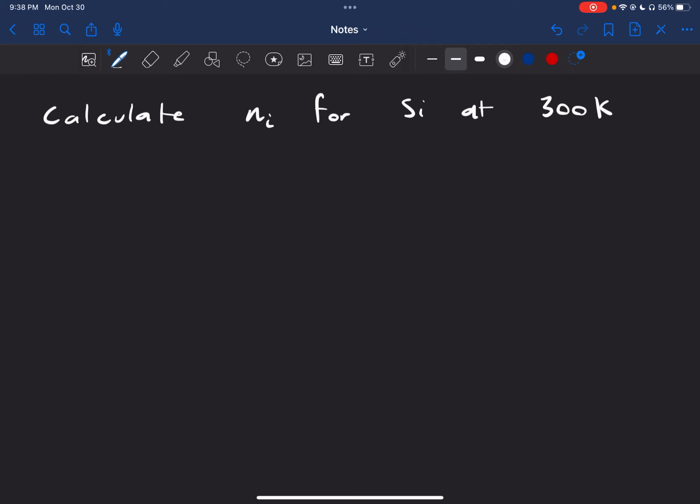And we're just going to rewrite our equation n_i equals B T to the 3/2 times e to the negative E_G over 2kT. And we're going to solve this problem together because it's just plug-and-chug. So just plug in our values that were previously stated.